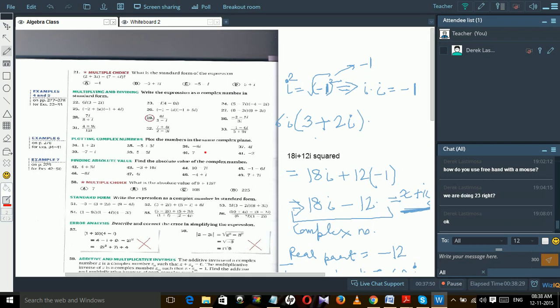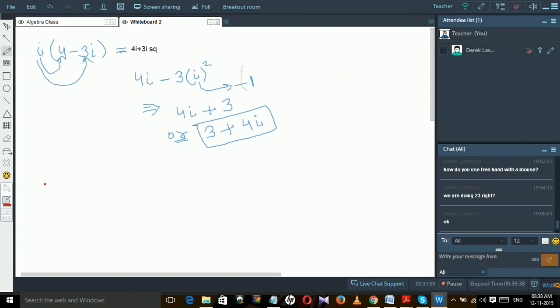Is it plus or minus? I cannot see. 5 plus 7 iota multiplied by minus 4 minus 3 iota, right? Okay.